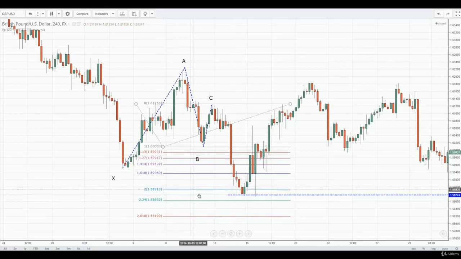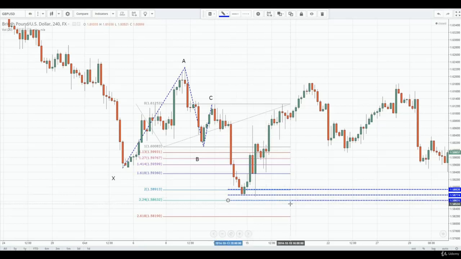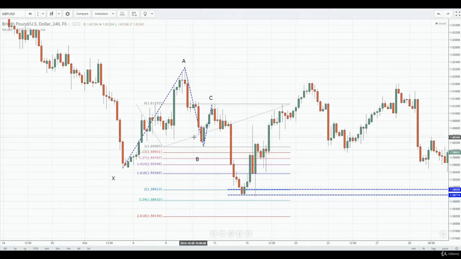You can see the 2 and the 2.24 come in pretty close. So we'll probably pay attention a little bit more to the 2, but since we had no idea where price was going to stop, you could honestly look at the 2.24. But since the 127 XA is our most important, we probably would not pay attention too much to the 2.24 in this scenario. We would look at the 2 to the 127 XA.